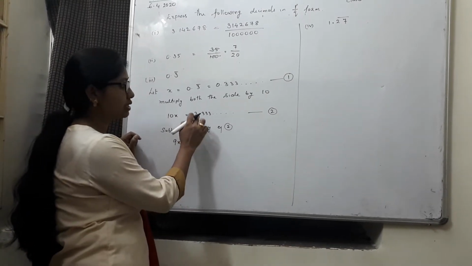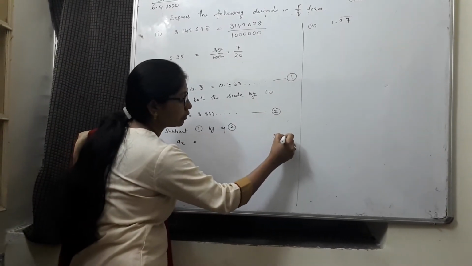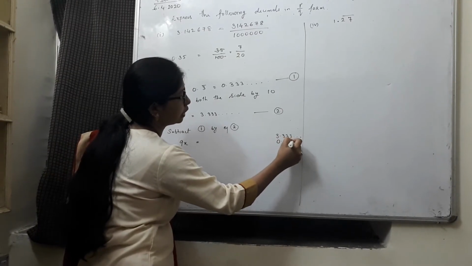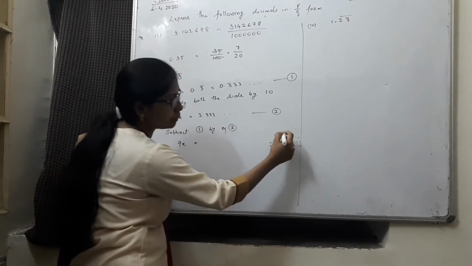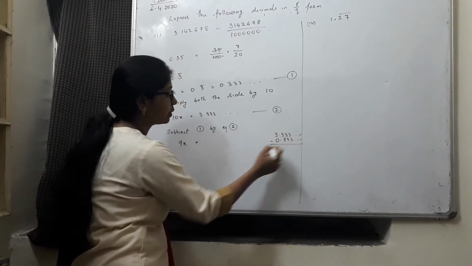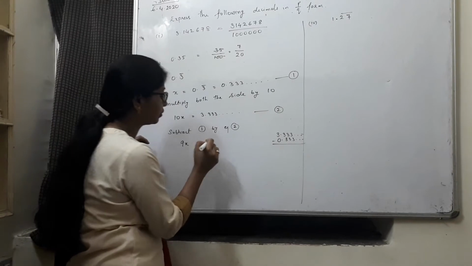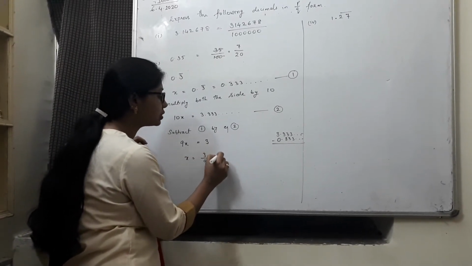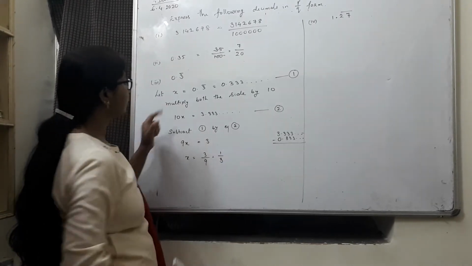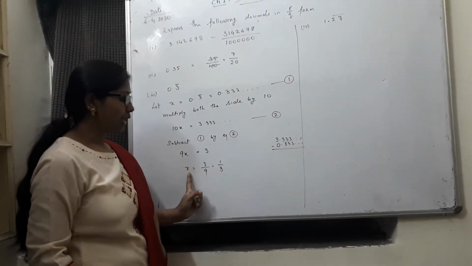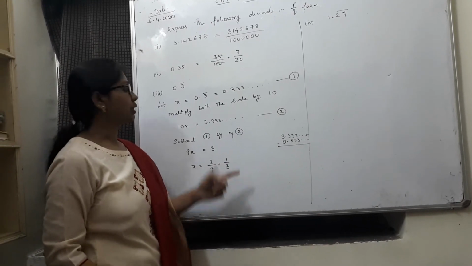Now check this, 3.333 bar and 0.333 and so on. If you subtract, all the digits after the decimal are the same, so you will get 3. x equals 3 by 9, which is equal to 1 by 3. So the p by q form of 0.3 bar is x equals 1 by 3.